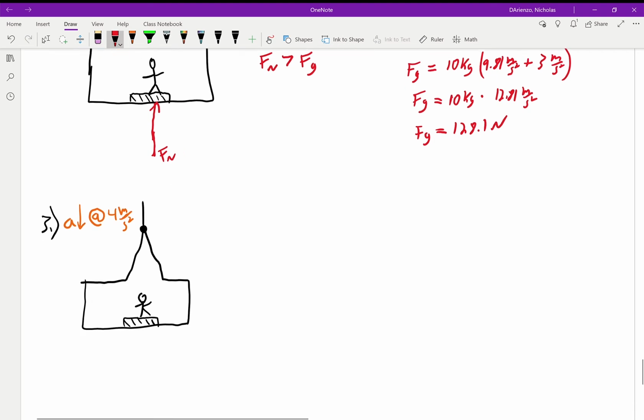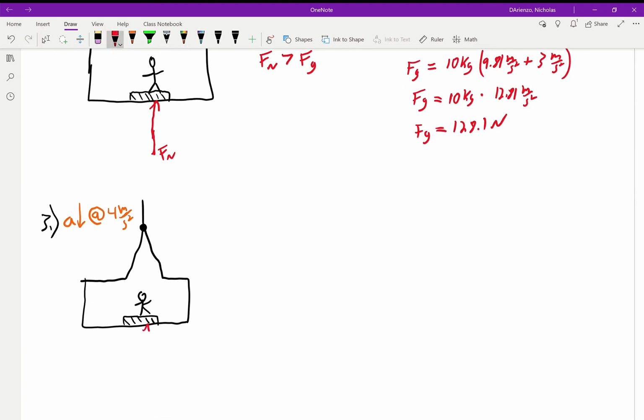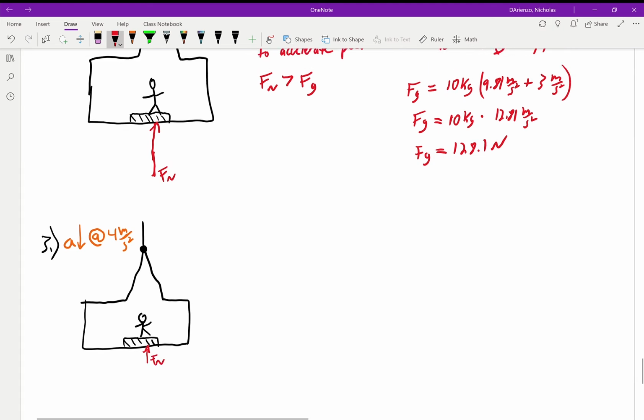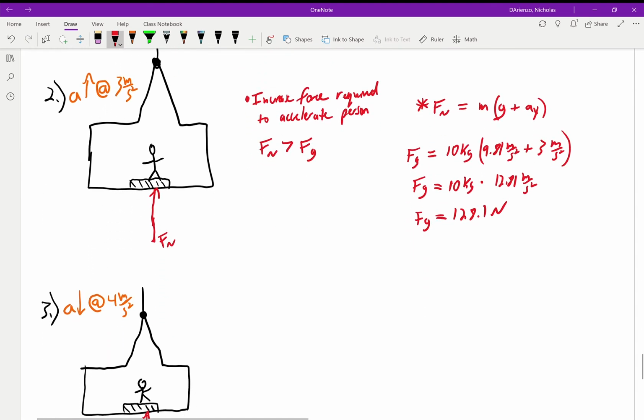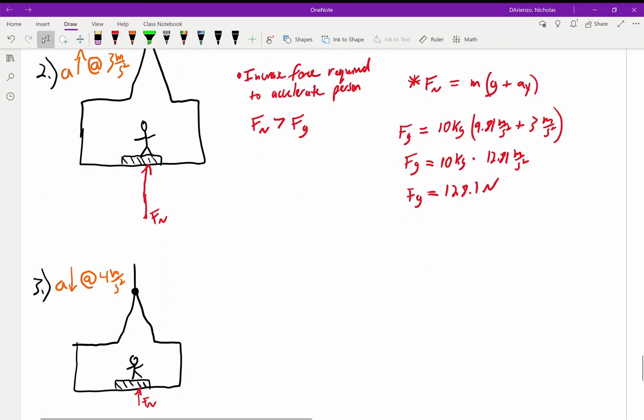So we can expect our normal force here, since it doesn't have to lift that extra person and it doesn't have to hold on to them since you're accelerating downwards, this normal force should decrease compared to the initial scenario. So the normal force should be less than the weight.